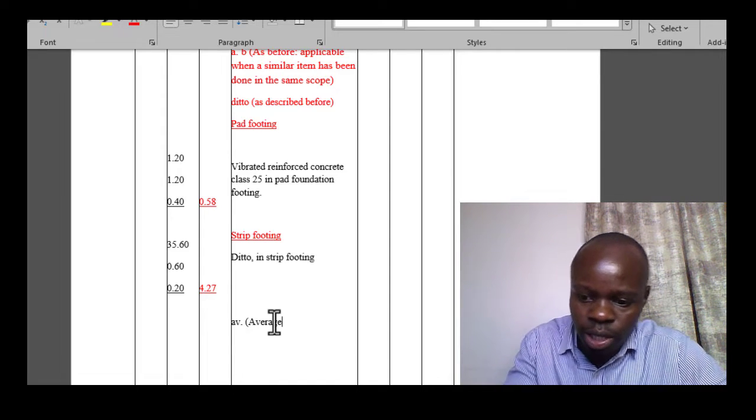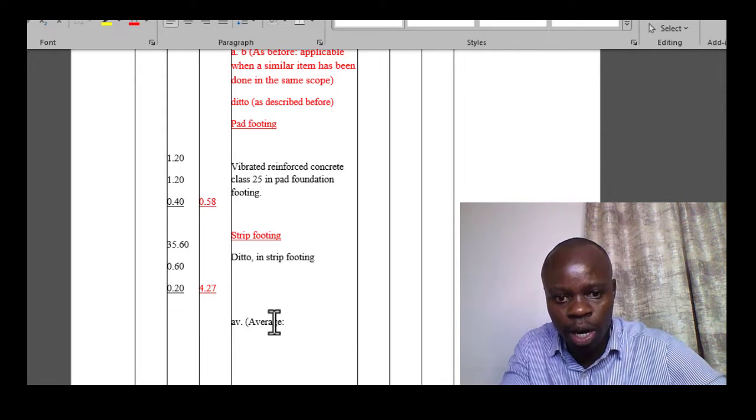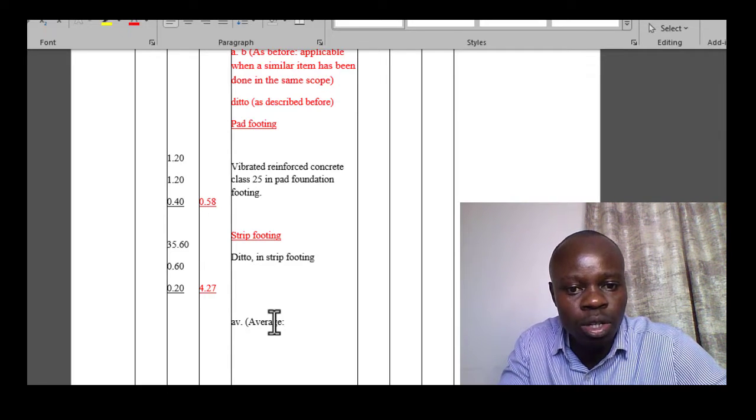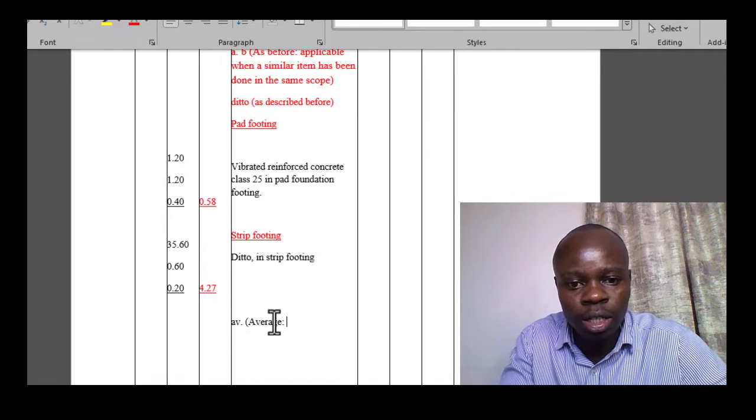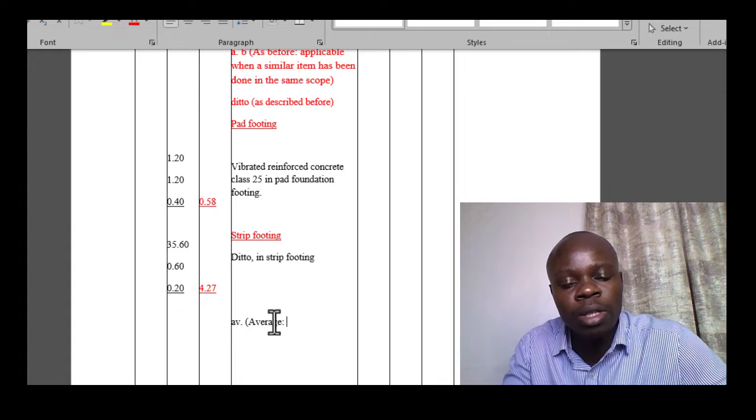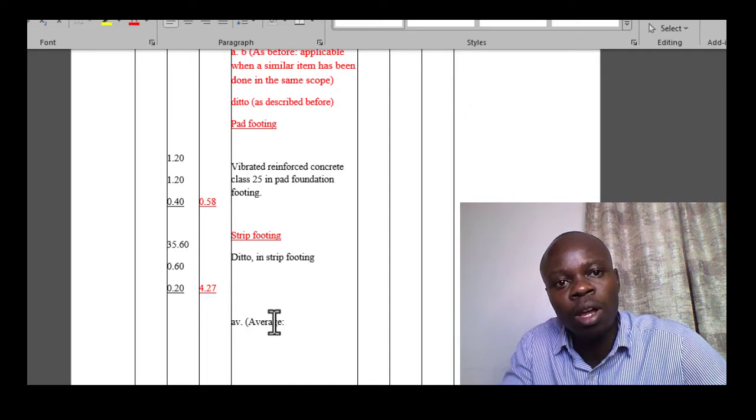So we have this average, which in full is the average. In this case, you can adopt it, for instance, when you are describing stripping of topsoil. In that case you can adopt that particular abbreviation to help you cover your work very fast. For instance, you can describe remove topsoil average.